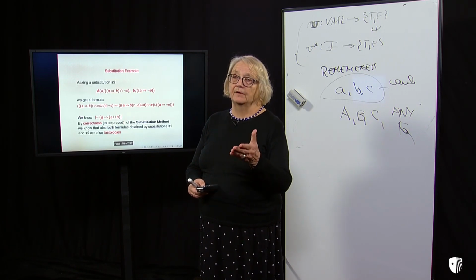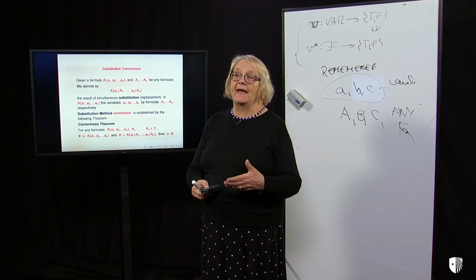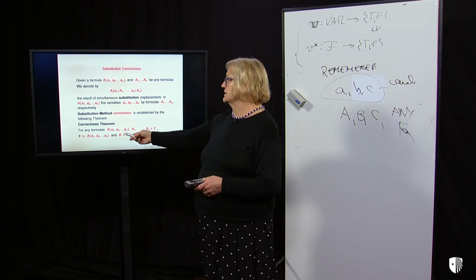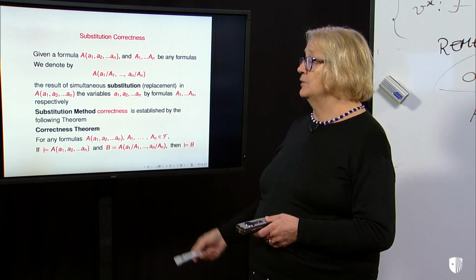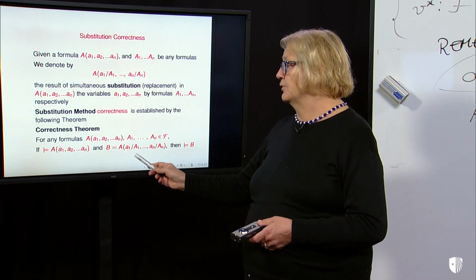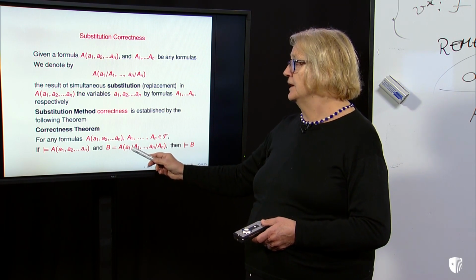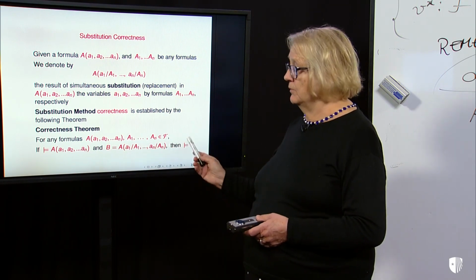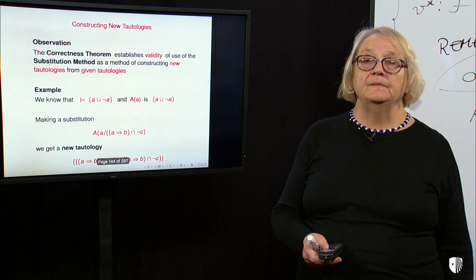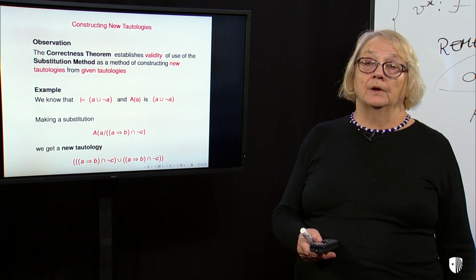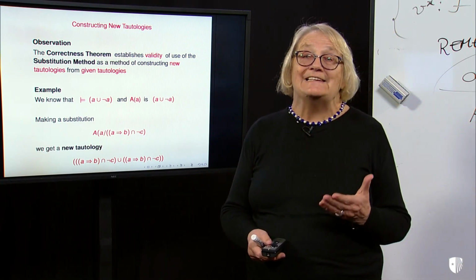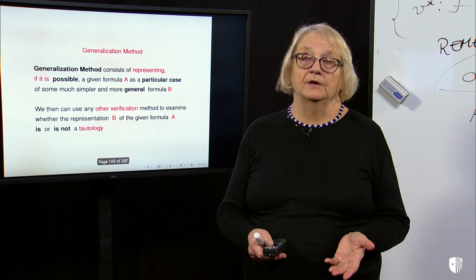We have a theorem, the correctness theorem, which says that if A is a tautology and B is a formula obtained by substituting another formula for each variable, B is also a tautology. And there is a proof. So the correctness theorem establishes the validity of the substitution method.